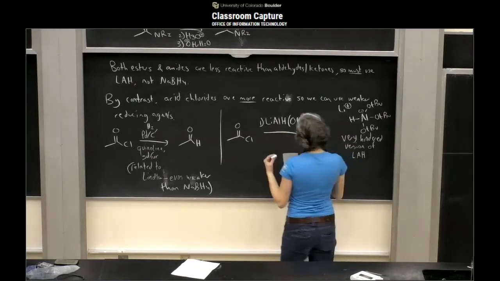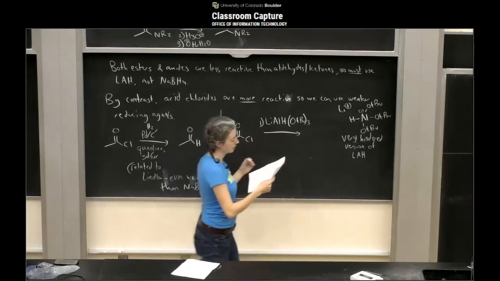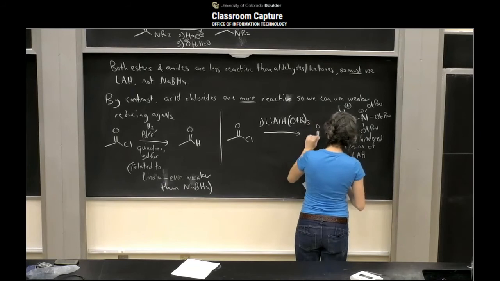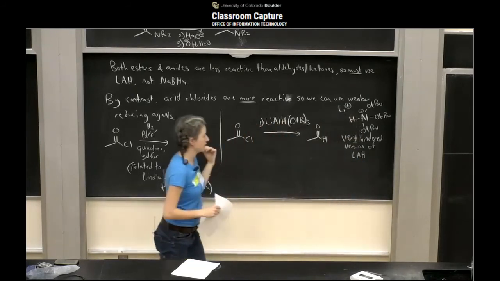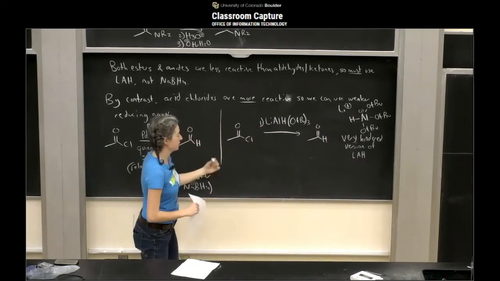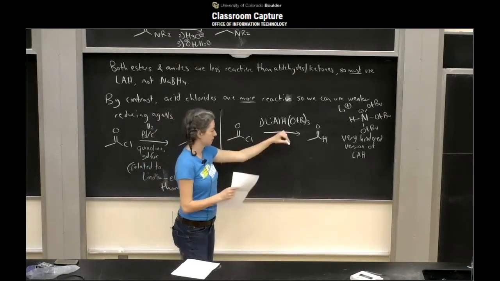So it's reactive enough to go after the acid chloride and then stops at the aldehyde stage. So it's weaker than sodium borohydride too. It just stops partway.